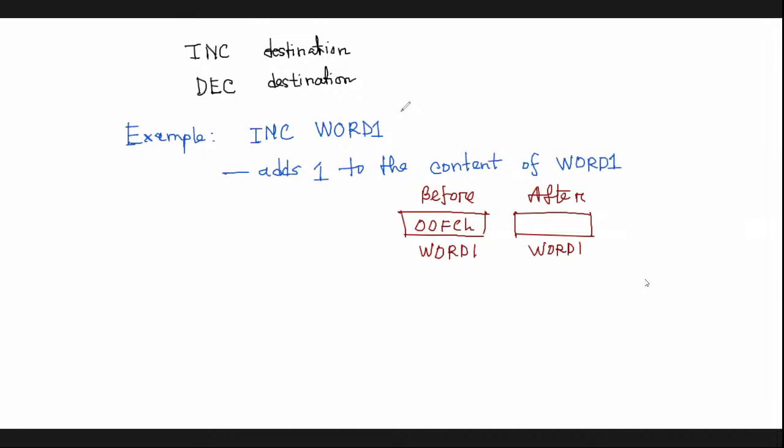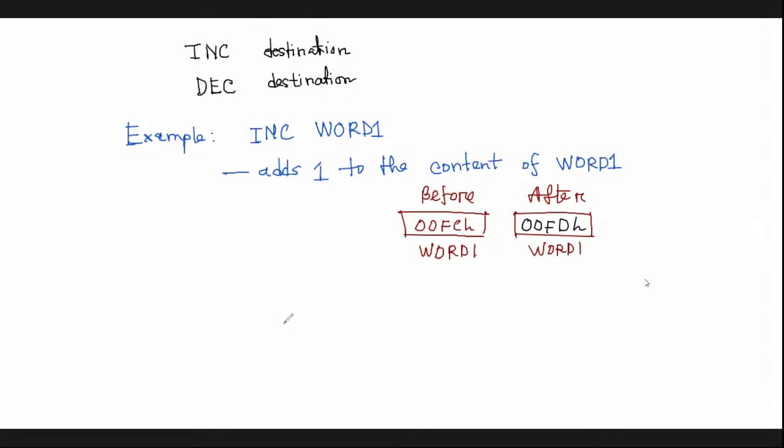What will be the after content after this increment? Sir, 00FD. 0 FD, right? Okay, so 0 FC, then it will convert it to D. 0 FC, 0 FD. Increment word 1 adds 1 to the content of word 1.